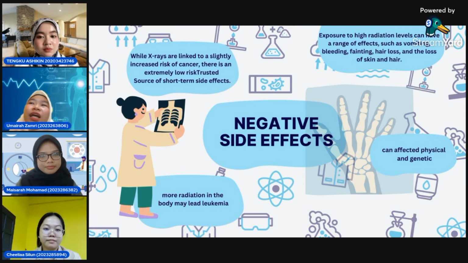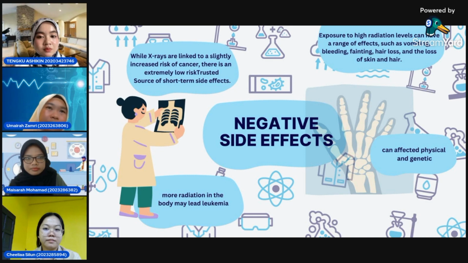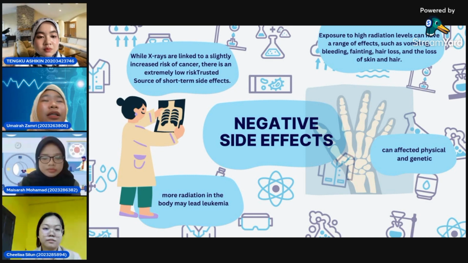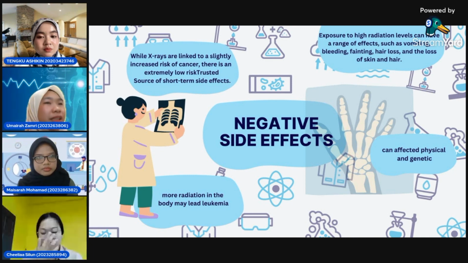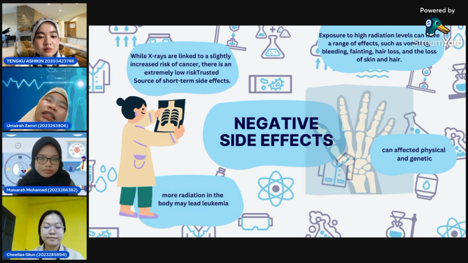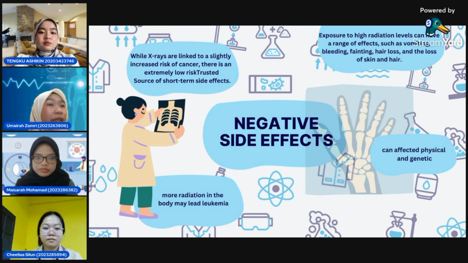Exposure to high radiation levels can have a range of effects such as vomiting, bleeding, fainting, hair loss, and loss of skin. So it can affect physical and genetic health. Next, for the negative side effects, more radiation in the body may lead to leukemia.